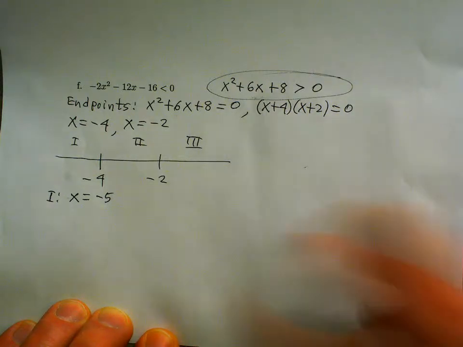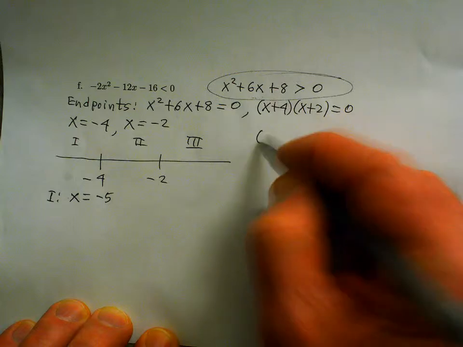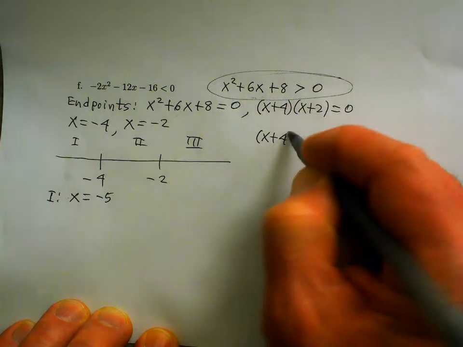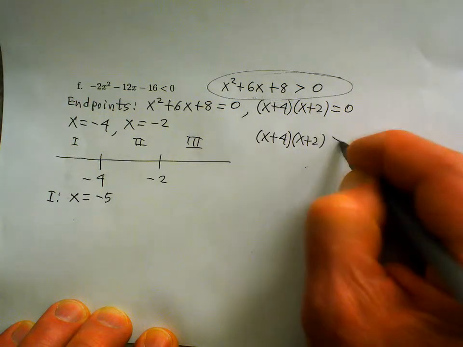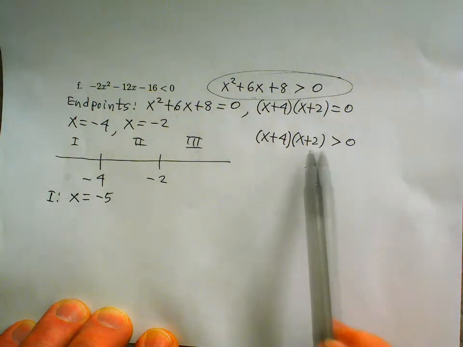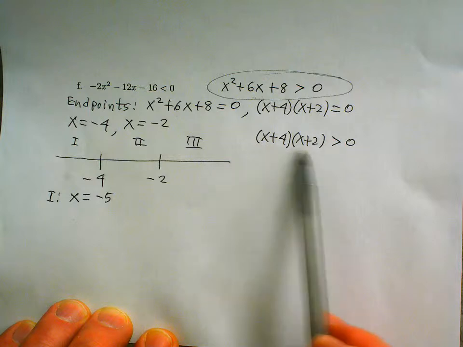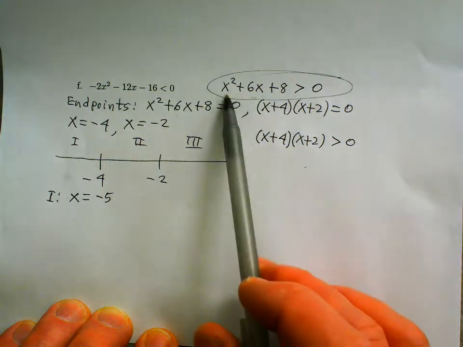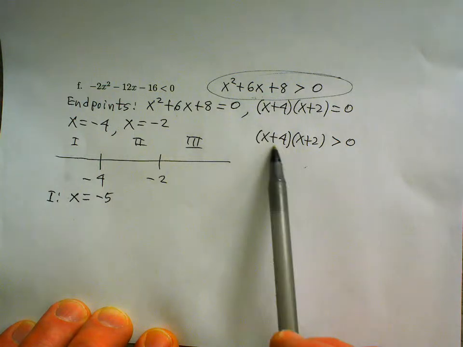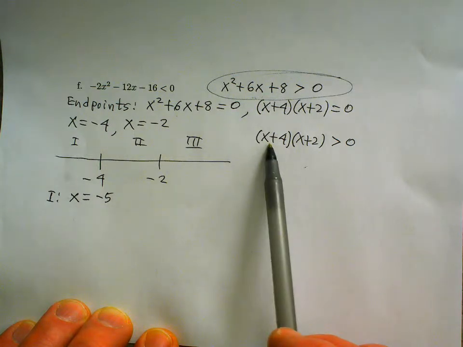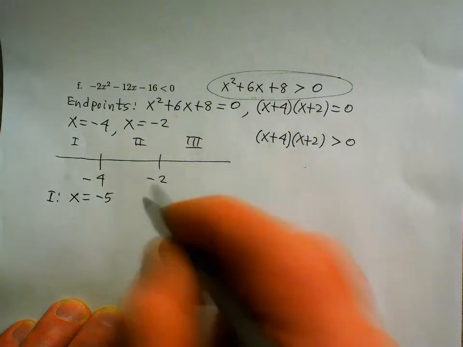We can use the factored form of the inequality, (x + 4)(x + 2) is greater than 0. That might make the arithmetic easier, but you're free to use any one of the inequalities. If we use the factored form, replace x with negative 5.